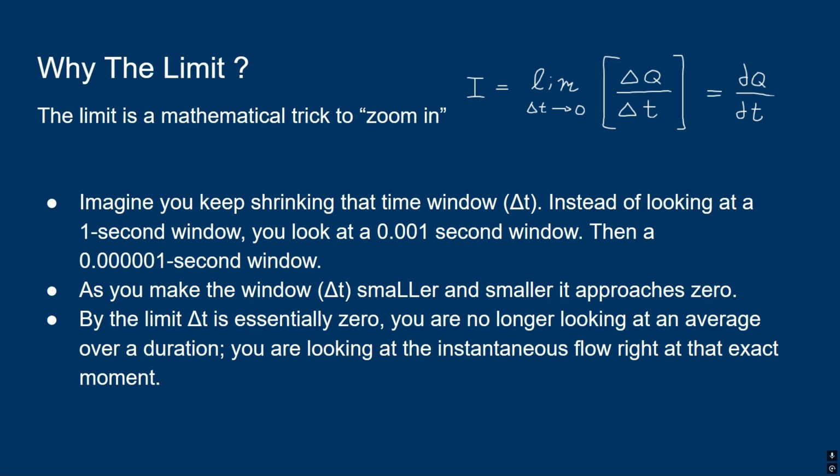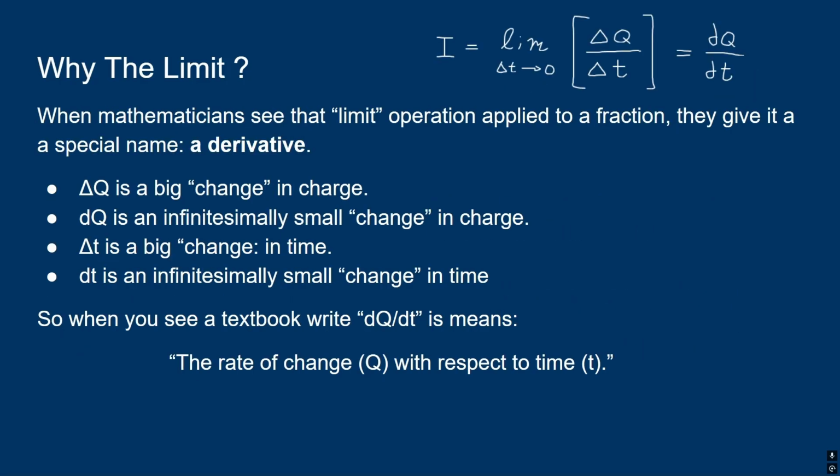By the limit, delta t is essentially zero. You are no longer looking at an average over a duration. You are looking at the instantaneous flow right at that exact moment. When mathematicians see that limit operation applied to a fraction, they give it a special name, and that name is the derivative. Delta Q is a big change in charge. dq is an infinitesimally small change in charge. Delta t is a big change in time.